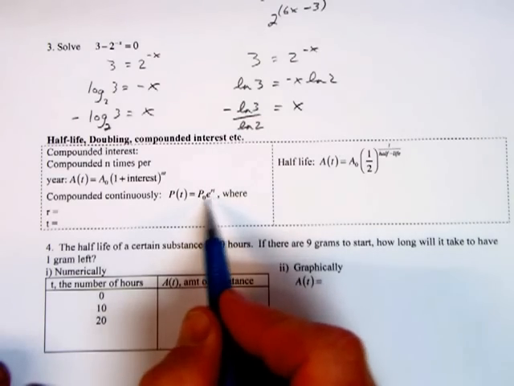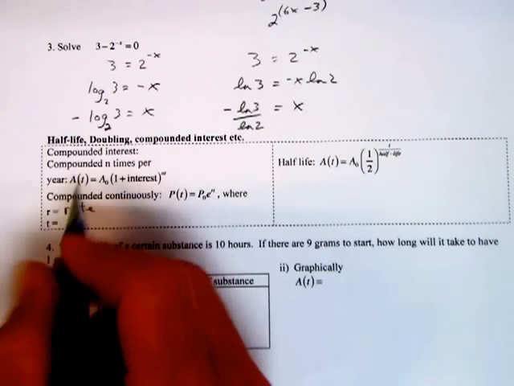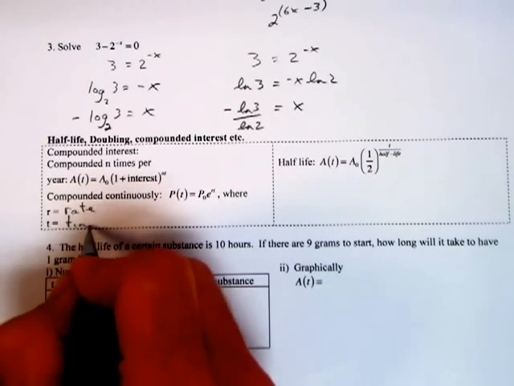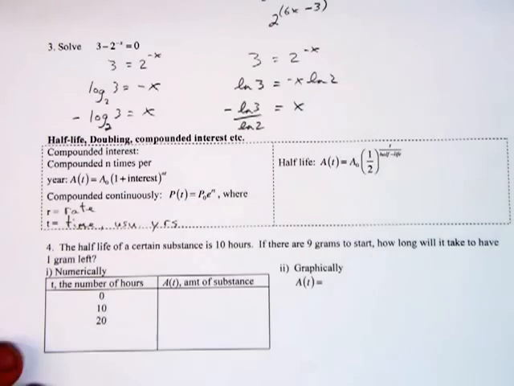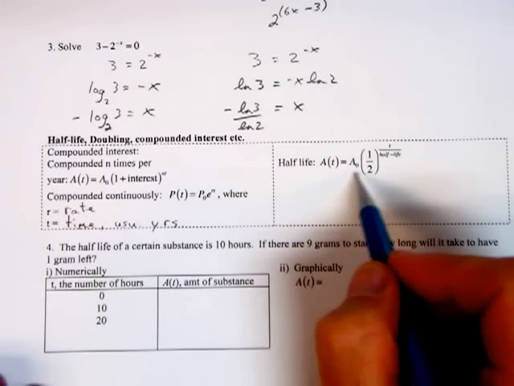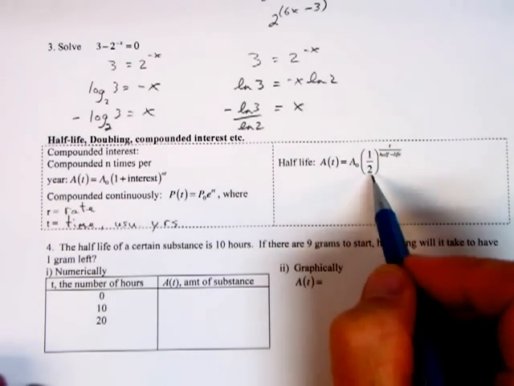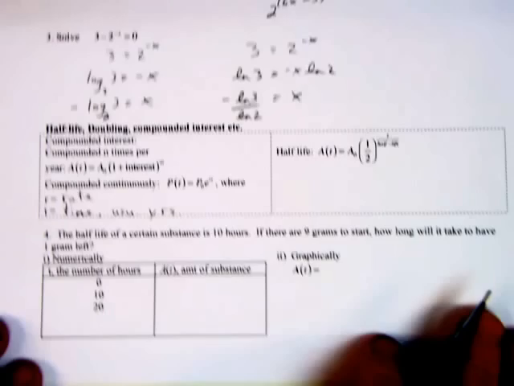That gives us our e, so it gives e to the rt, where r is our rate and t is time, usually in years. Not always. You've got to look at the context of the problem. And half-life, we have our initial value, our starting value, times 1/2 to the t over whatever that half-life is.